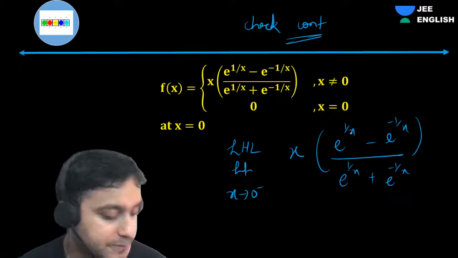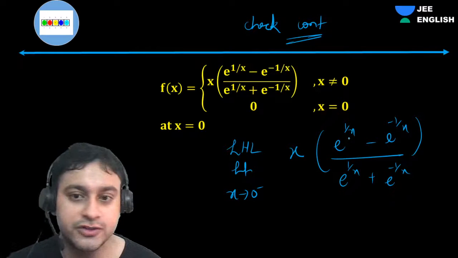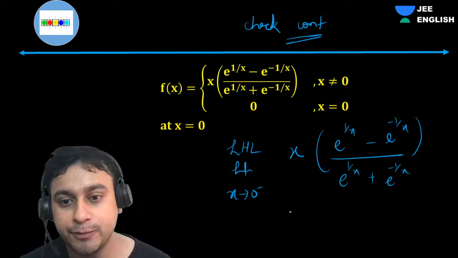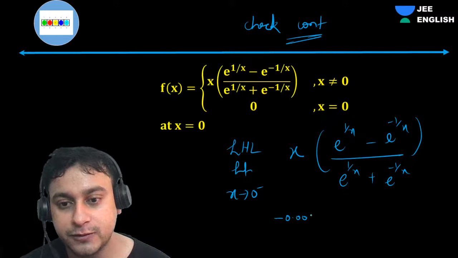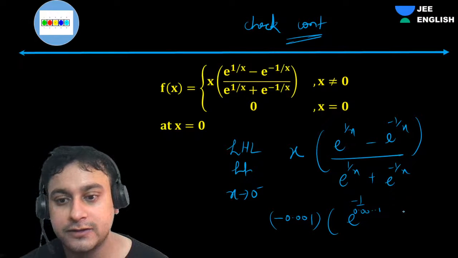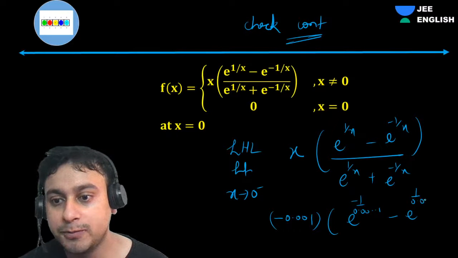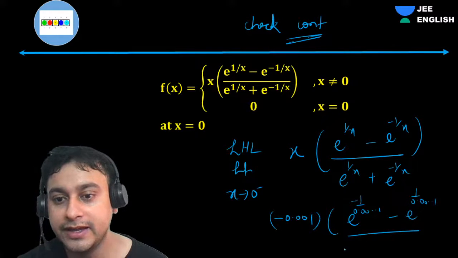For 0 minus, here you put 0 minus, so that means negative 0.0000. So if you put negative 0.001, for the time being I'm putting it, I'll get minus 0.001 into (e power 1 by minus 0.001 minus e power minus 1 by minus 0.001) divided by (e power minus 1 by 0.001 plus e power plus 1 by 0.001).